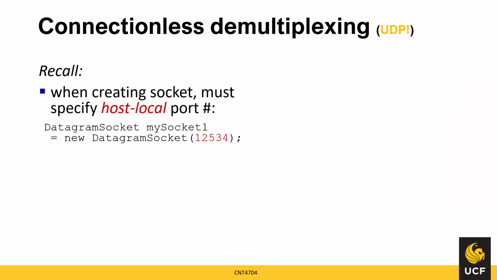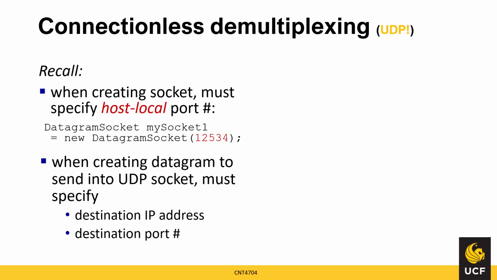That is just showing you. First, we're going to start with connectionless demultiplexing, which is UDP. If we recall chapter 2, specifically the programming assignment, when creating a socket, the application or the programmer specifies a local port number, which we can see listed as 12534.